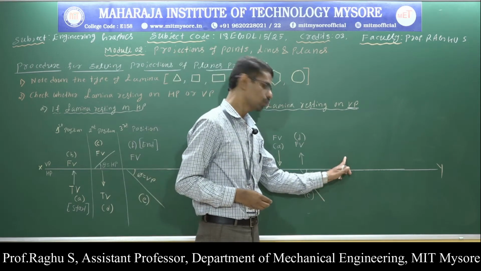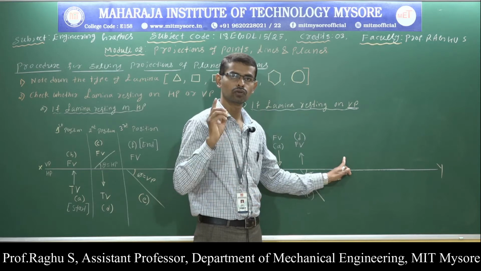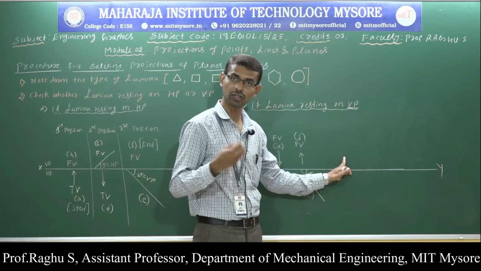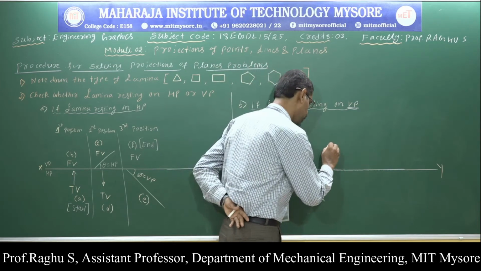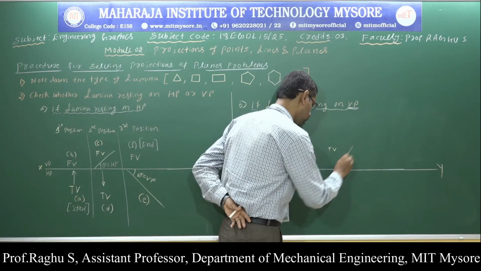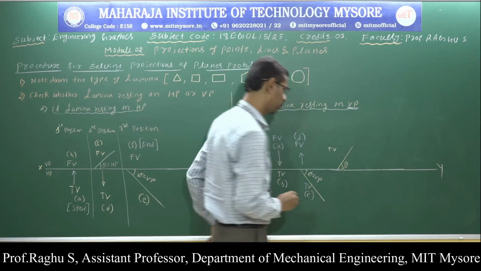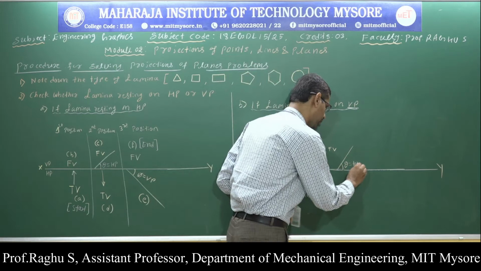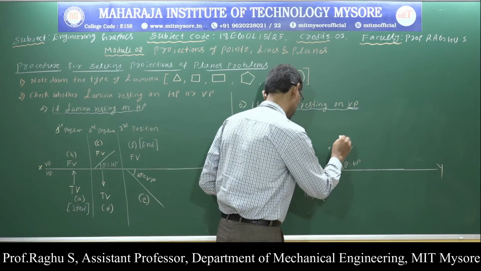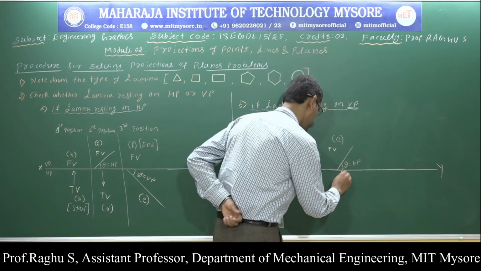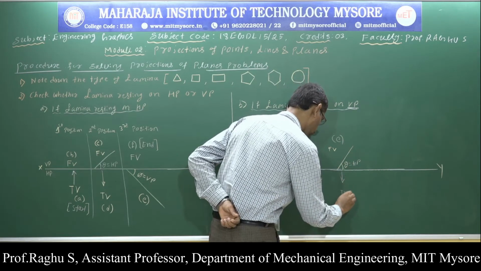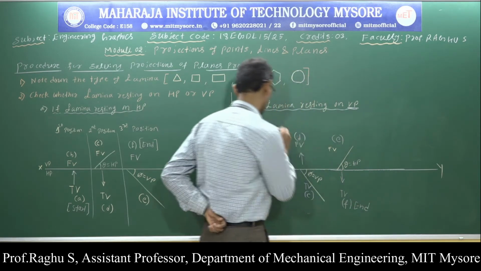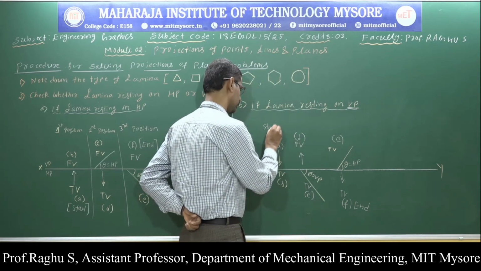Next, to draw the last position, note down the side inclination or edge inclination or medial inclination with respect to HP. So that is the front view. Note down the side inclination with respect to HP, denoted by theta. So this is E, and finally draw the top view F. So this is the end and this one is the beginning.